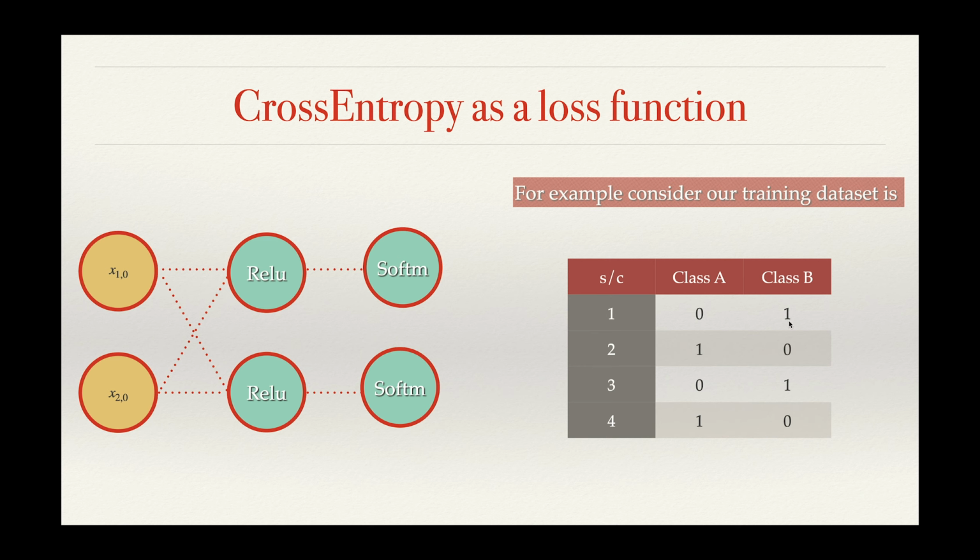And that means 100% we are sure, because it's a human labeler here, that this input should be class A. Again, this is class B, and this is class A.